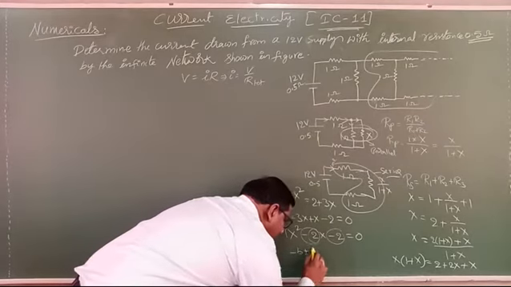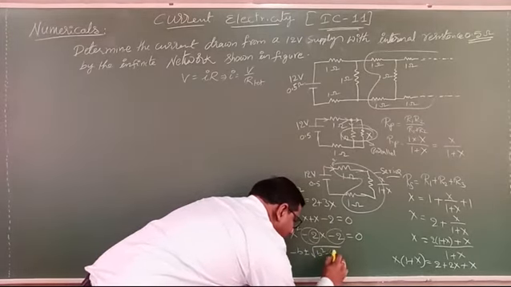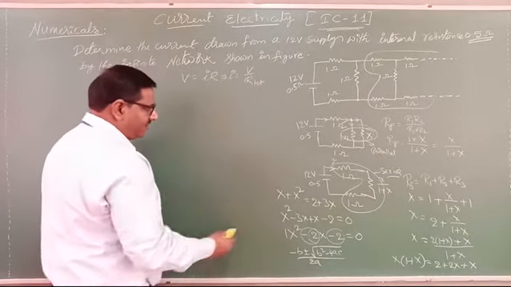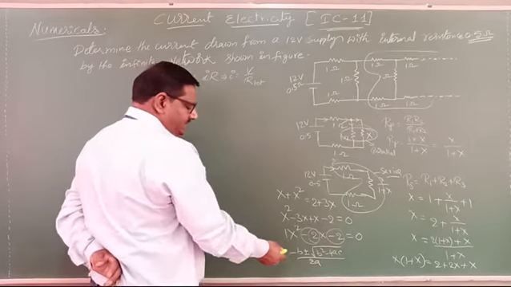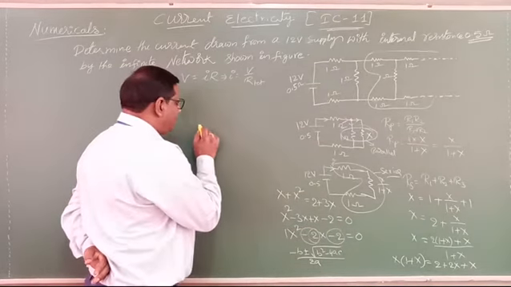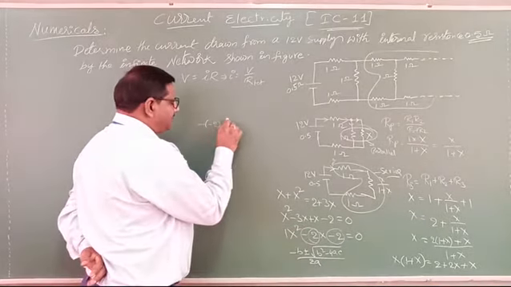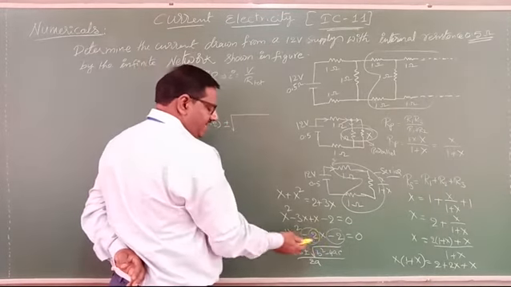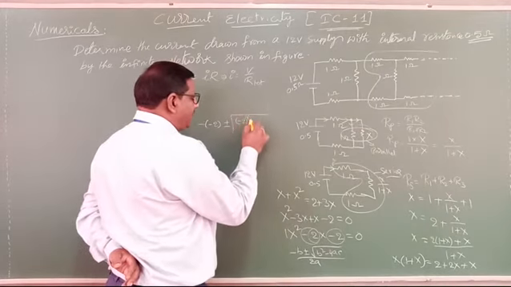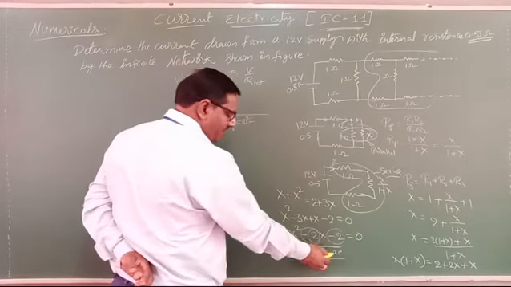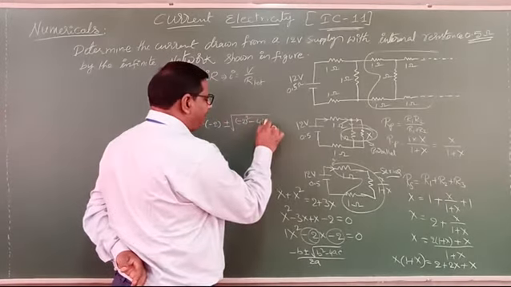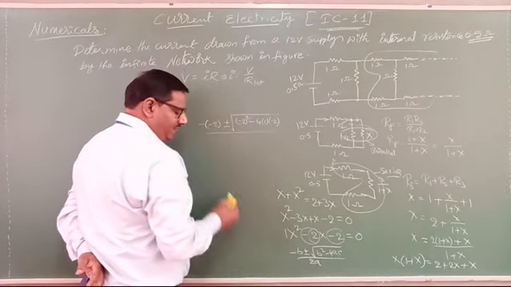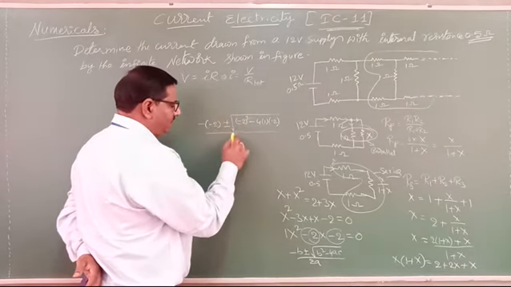Minus b, so minus of minus 2, plus or minus under root b square, minus 2 square, minus 4ac, 4 into a value 1, c value minus 2, by 2a, 2 into 1.